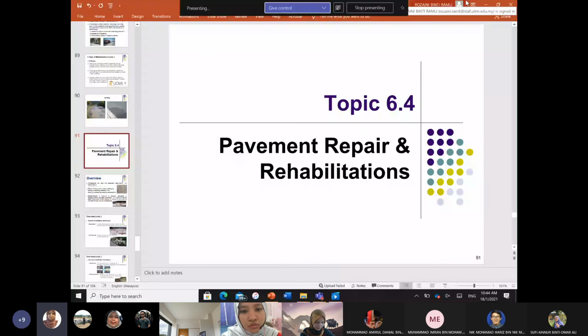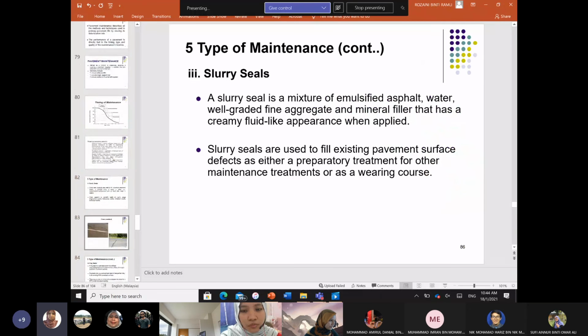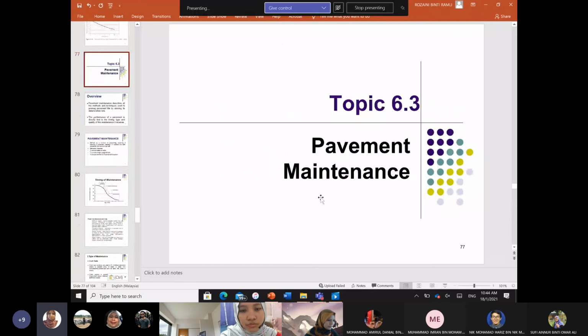That is the last option under rehab works, where you go for reconstruction. So we will go into the types of pavement maintenance that we can do.